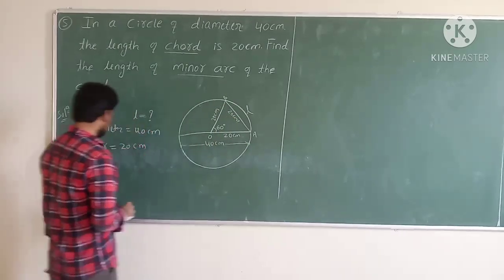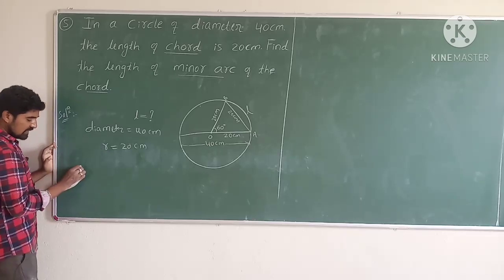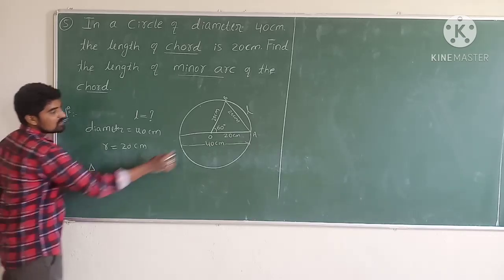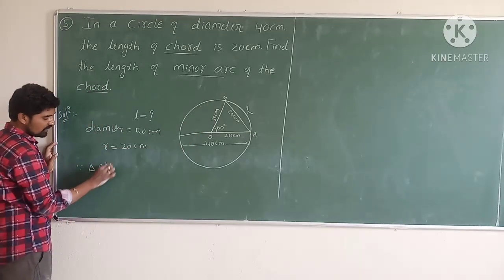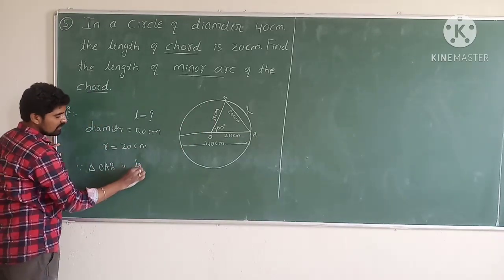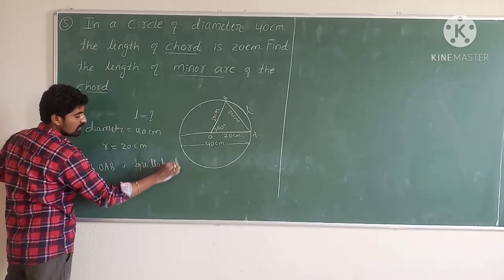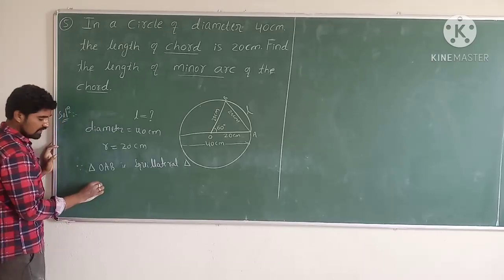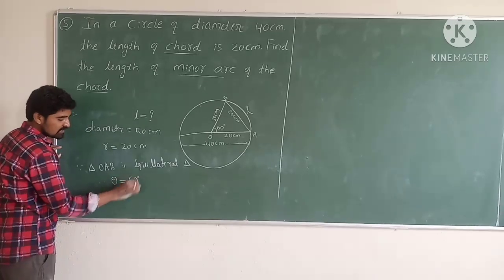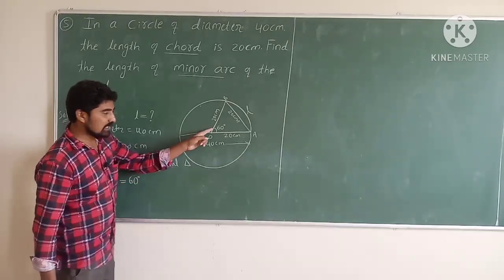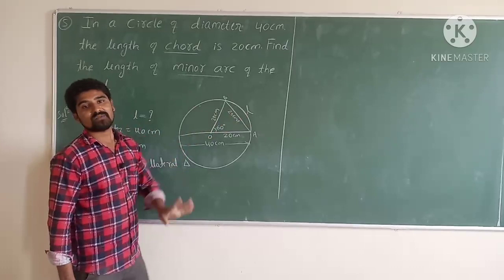Now we know the value of theta. Why? Because triangle OAB is an equilateral triangle. Therefore, theta is equal to 60 degrees. So theta is known, r is known, we need to find the value of l.